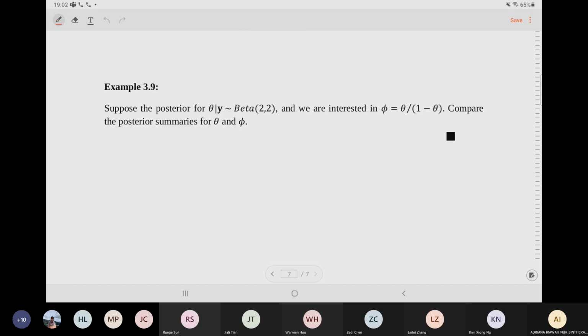And we are interested in the transformation phi of theta, which is theta over 1 minus theta, the odds. We want to compare the summaries for theta and phi. This is actually related to your previous example.